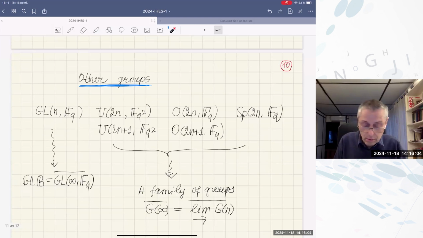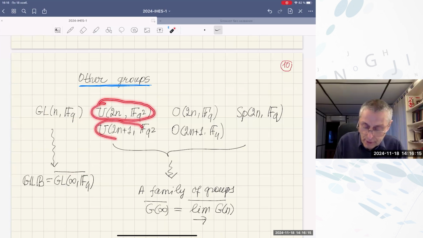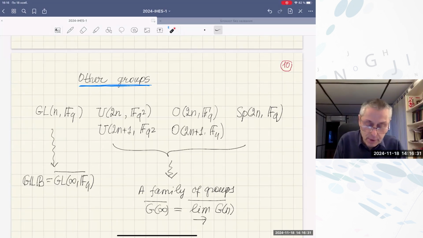And again, our group GLB arises as a completion of the inductive limit of these families. And inside each family, again, one can take increasing chains of groups as this parameter goes to infinity. And then one can define a topological completion in the same spirit as for the GL case.